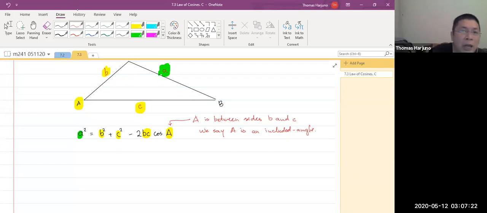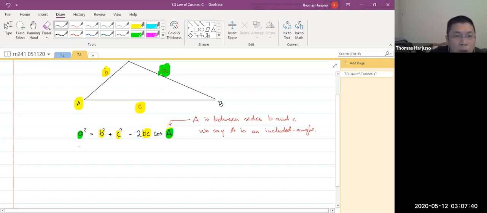Now if you pay attention to the pattern, notice that this side A here is the opposite of angle A. So if I have B squared alone, if I want to find side B, then I will use A squared plus C squared minus 2AC cosine angle B. Pay attention to how I permute the letters.